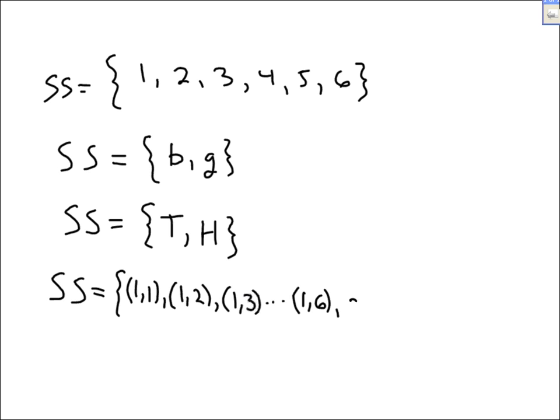Or you can have the first one being a 2 and the second die being a 1. Or the first being a 2 and the second one being a 2. All the way up to the first one is a 2, the last one is a 6. All the way up to the first one being a 6 and the second one being a 5.